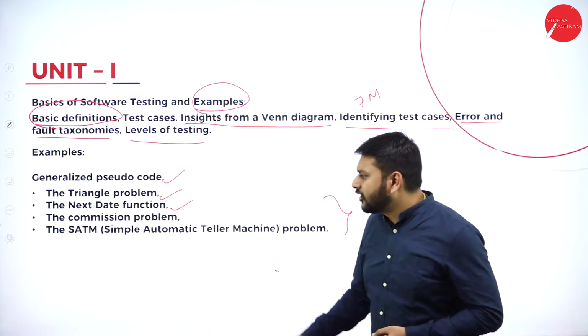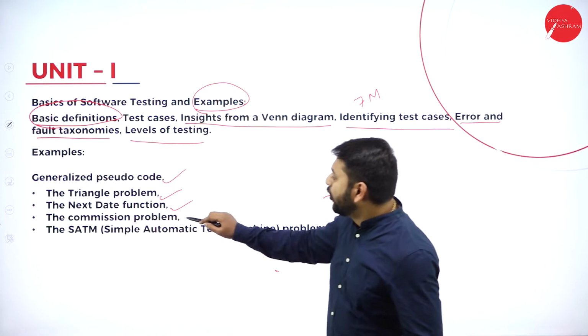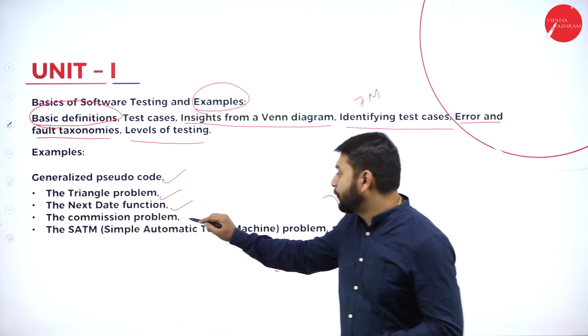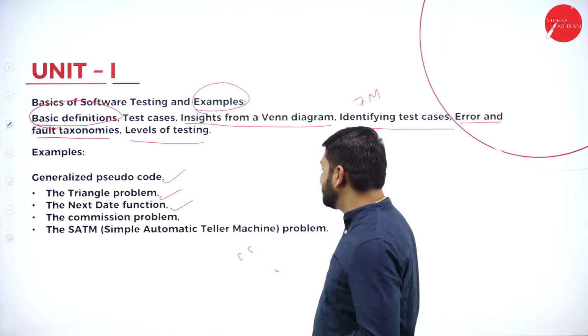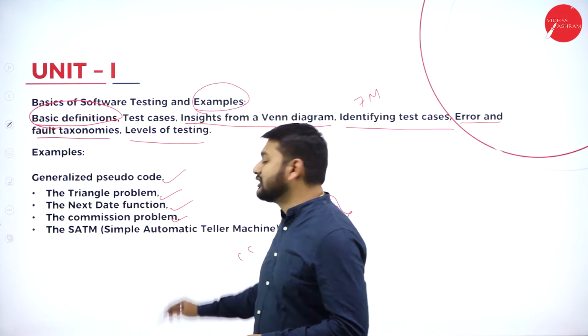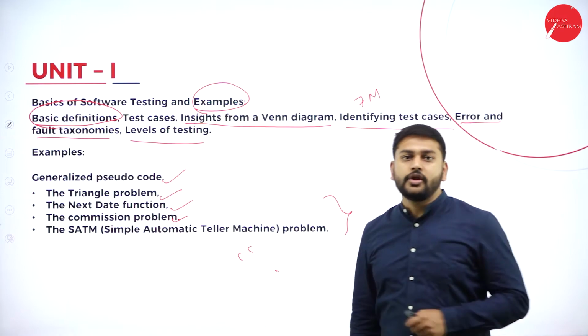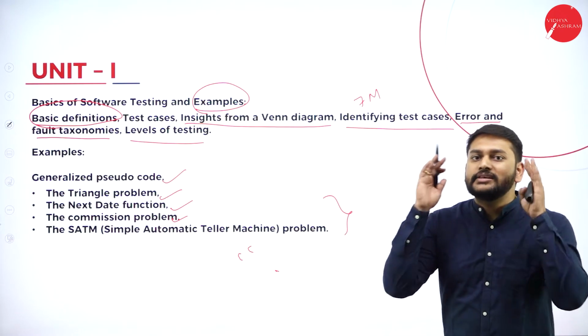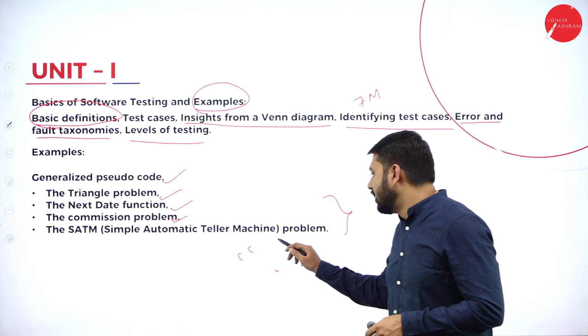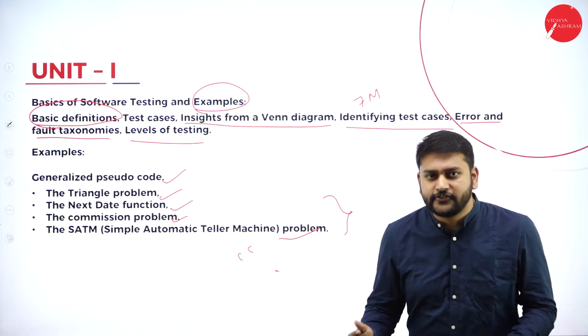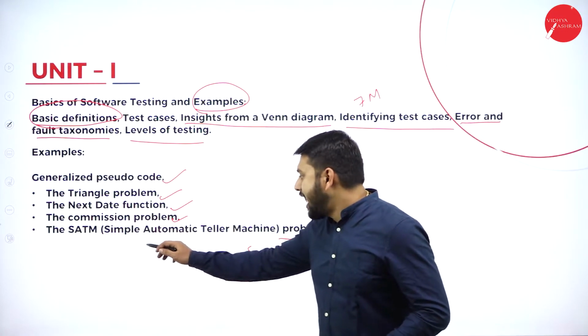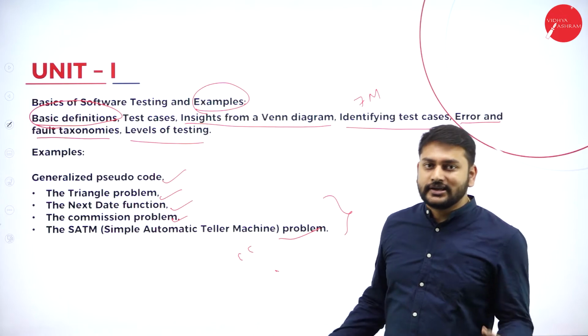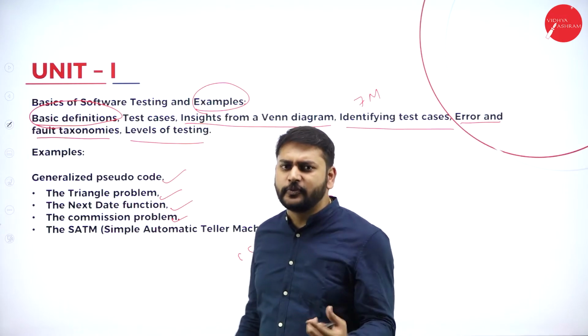Here also I request all of you to go through the program and remember what exactly the commission problem is all about. Hope you will do that. It's very simple and does not ask you to put in a lot of effort to understand. Then the ATM problem. We got it as an ATM problem. It's very simple as of now.